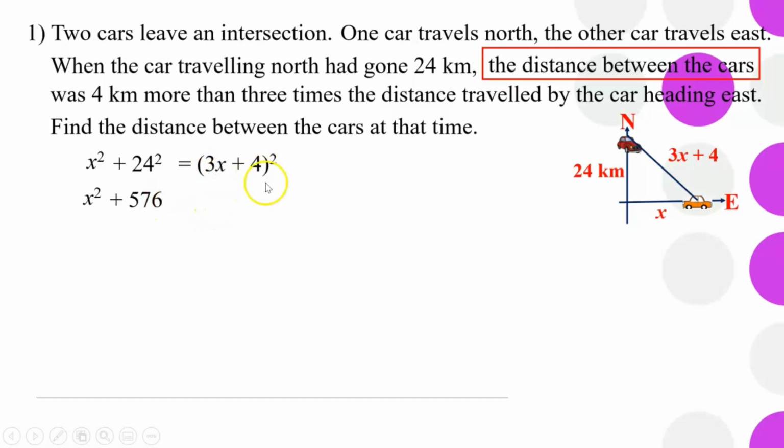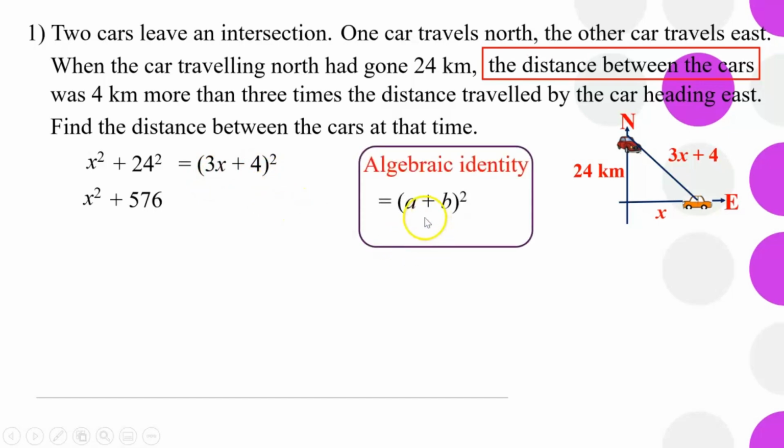And now to square this expression 3x plus 4, we need to use one of the algebraic identities, that is a plus b all squared, which says a squared plus 2ab plus b squared. In this case, a is 3x and b is 4.